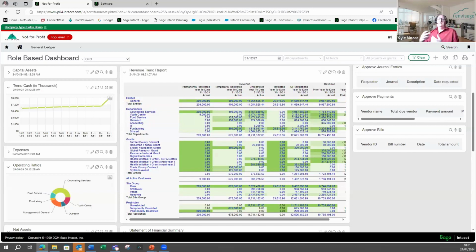Now that's information that's very relevant to the like of a CFO, but what about the other parts of the organization that we can see in the system?